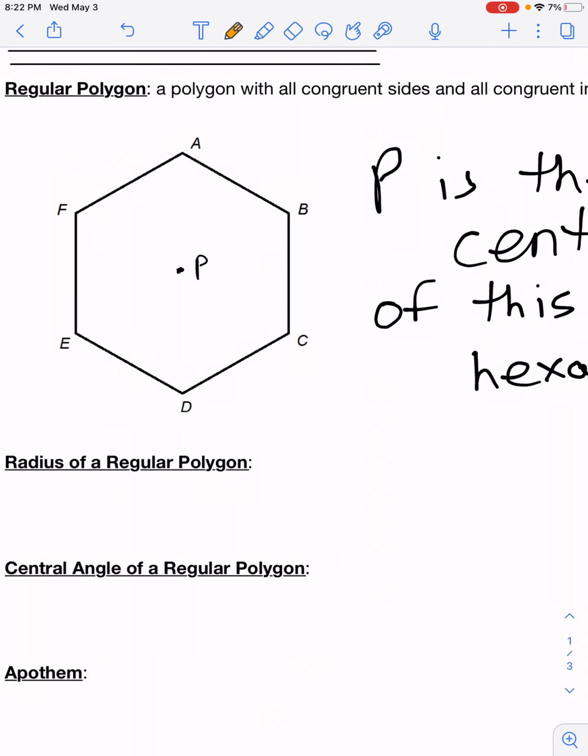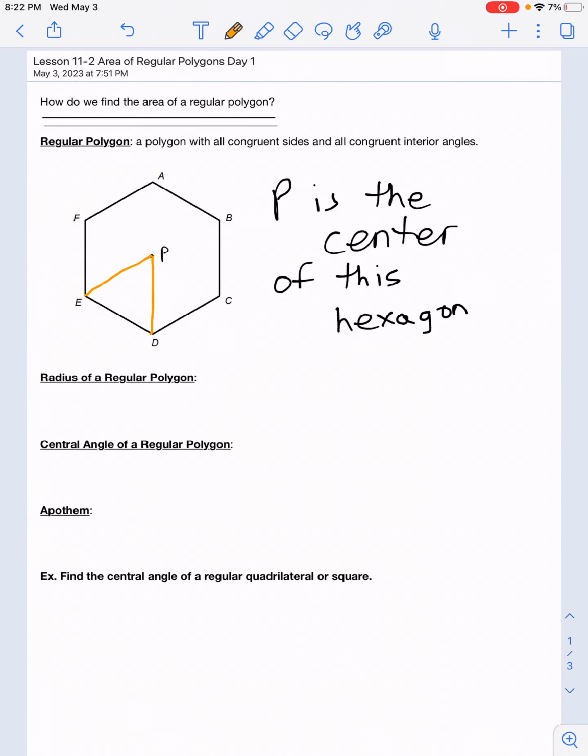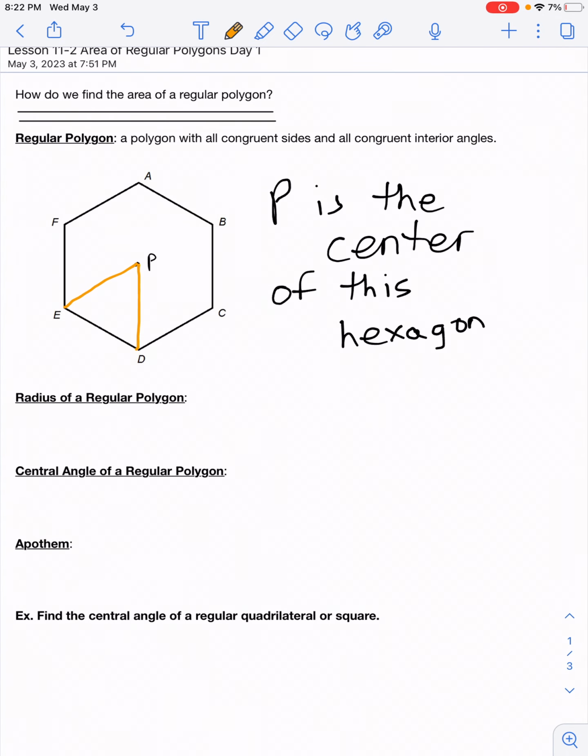So I could draw a line segment from P to E. I could draw a segment from P to D. Both of those segments would be a radius of that hexagon. So my radii would be PE and PD. You could also do one for all the rest of your vertices.